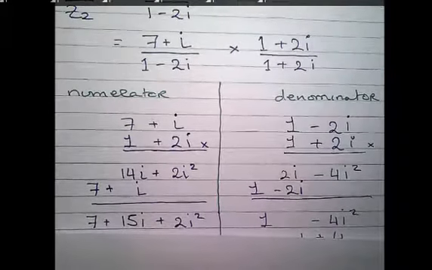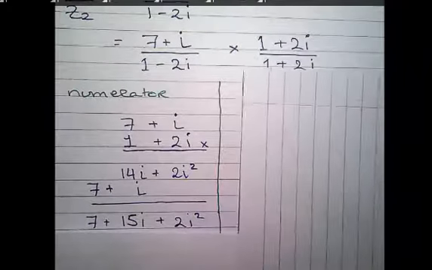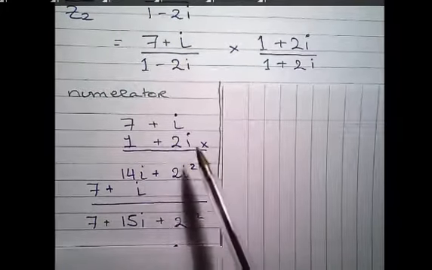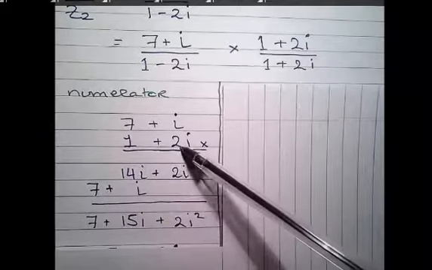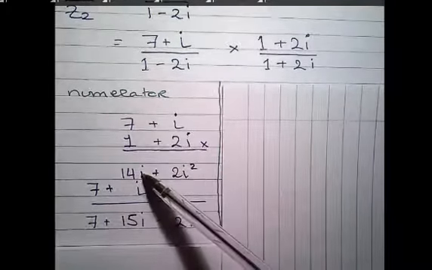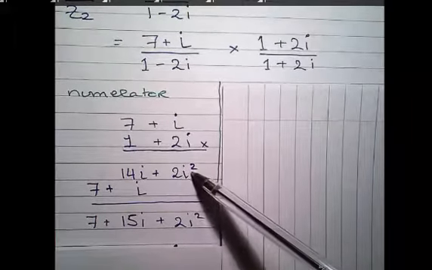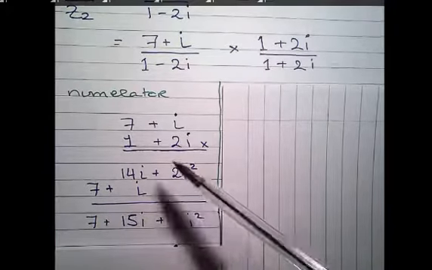What I'm going to do here is break it up into numerator and then denominator. So 7 plus i times 1 plus 2i. Let's first multiply the numerator by 2i. 7 times 2i gives us 14i. i times 2i gives us 2i squared. We'll come back to that shortly, but we'll just leave it as 2i squared for the time being.